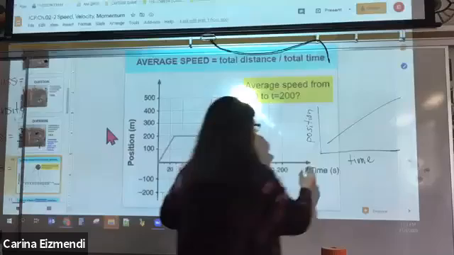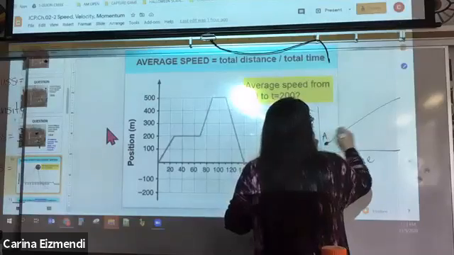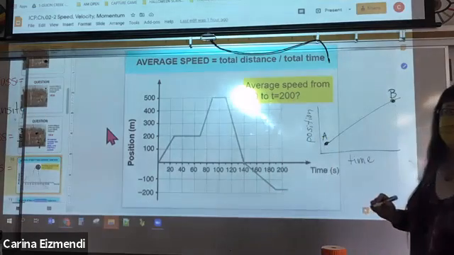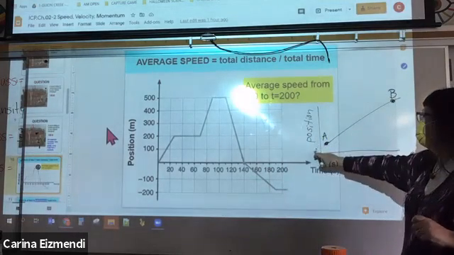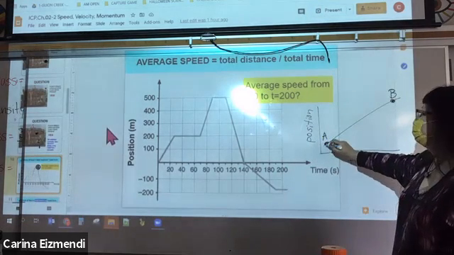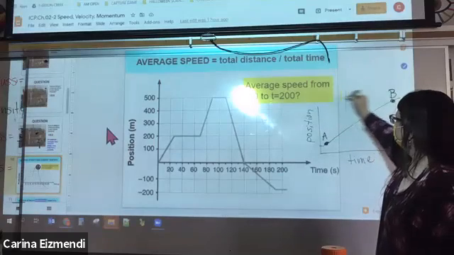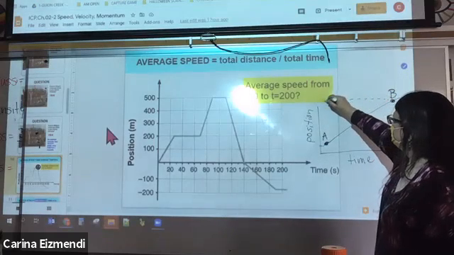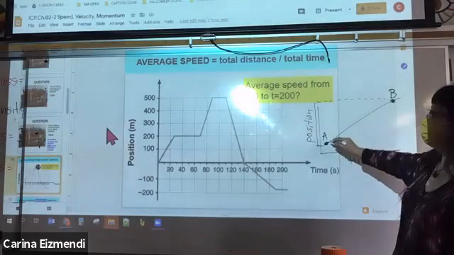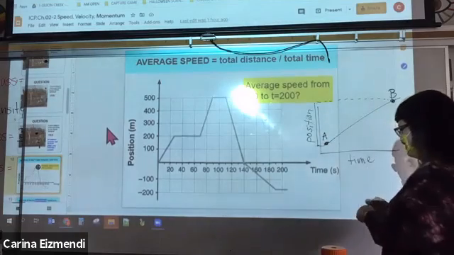Okay, so for this section here, I'm looking at point A and point B. This is position. So the displacement is from here to here, because it's the position here and position here, but that's all that you did. So the distance is the same in this case.